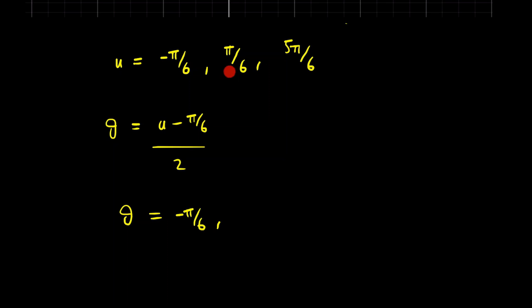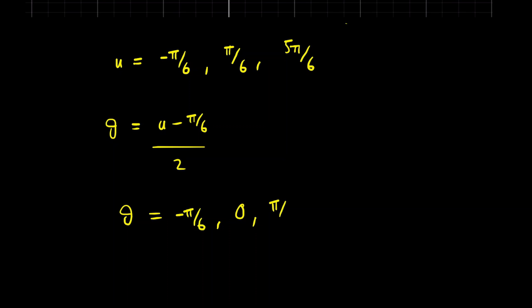This one, if I subtract pi by 6, I get 0. And if I divide by 2, I get 0. And if I've got 5 pi upon 6, and I subtract pi upon 6, I get 4 pi upon 6. And I divide by 2, I'm going to get 2 pi upon 6. Yeah, and 2 pi upon 6 is the same thing as pi by 3. So I'll probably just change that to pi by 3.